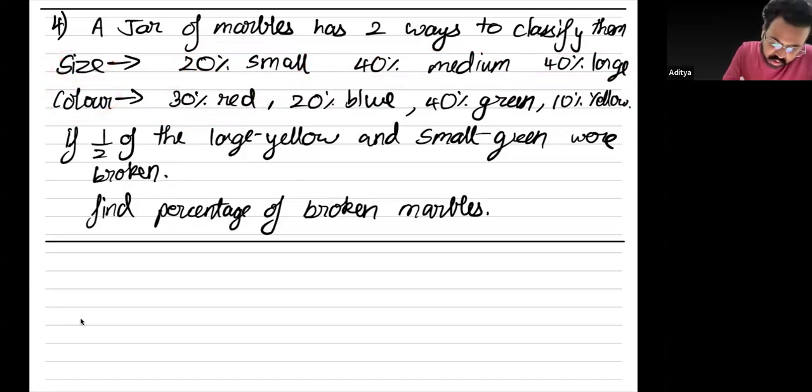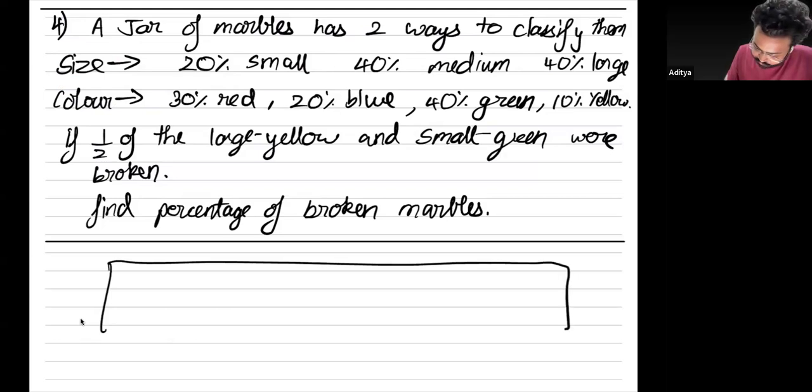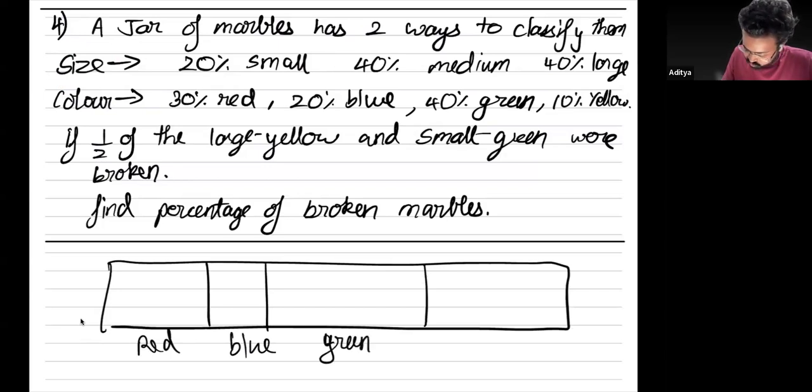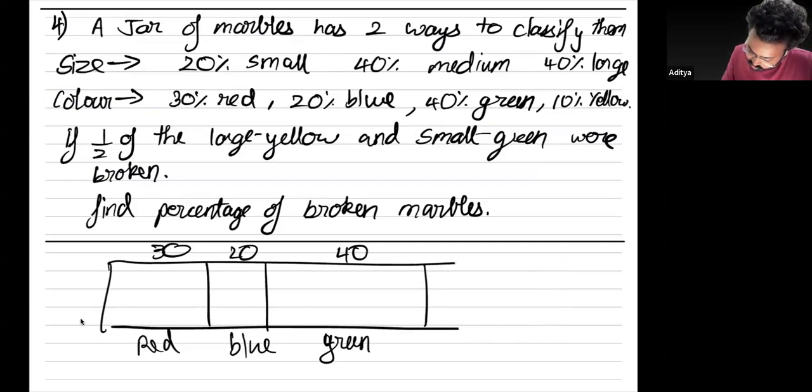So if you consider that of the entire marbles, if I say 30% are red, 20% are blue, 40% green, and 10% yellow.